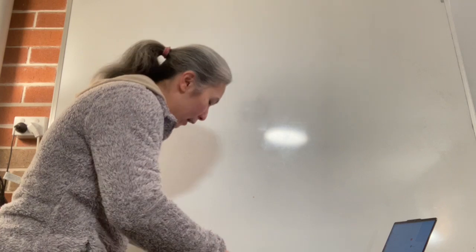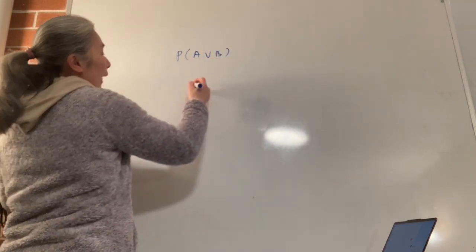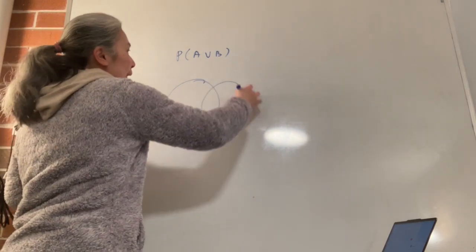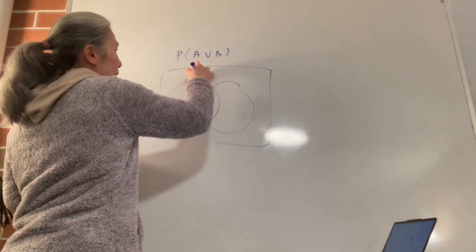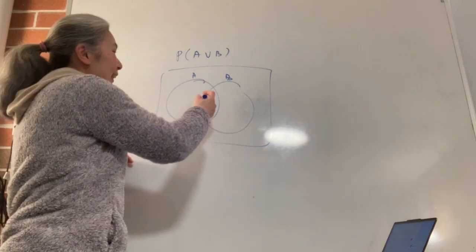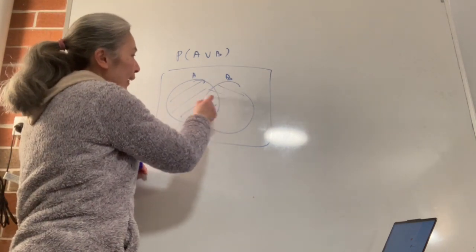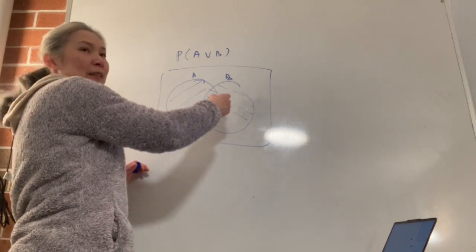To start with, the first formula is not a magic formula either, because you are given A or B. If I have A and I have B, then to get A or B, that means this whole thing. So you take the probability of A, and then the probability of B, and then you minus the overlap between them, because this part you count twice.